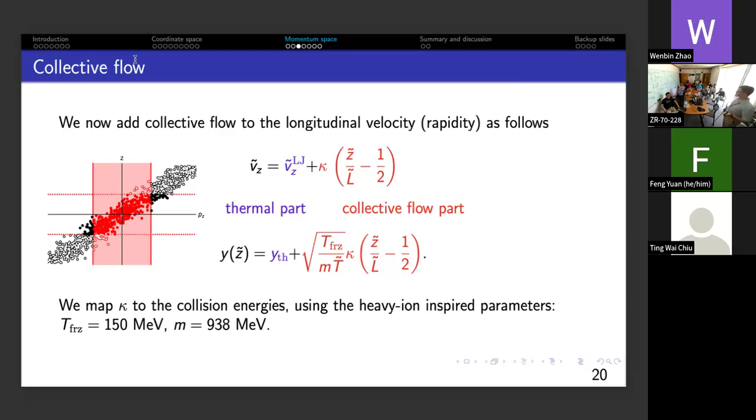So is that purely kinematic effects? But collective flow does that for you, right? All of a sudden you get a space-momentum correlation, as you can see in this plot, right? And then by measuring momentum space, you're actually sensitive to coordinate space, where the physics is. I think I didn't really fully understand. So you have the z direction, right? And if you have a particle at large z, then it's boosted. Yes.